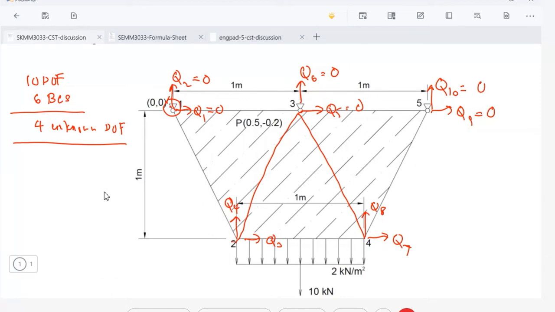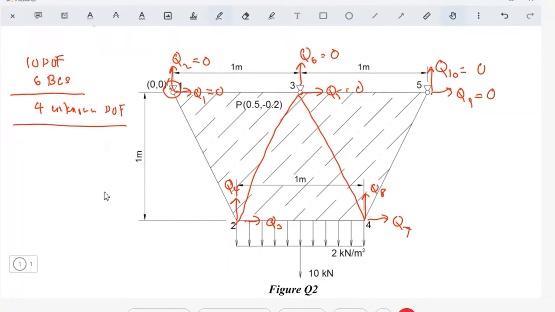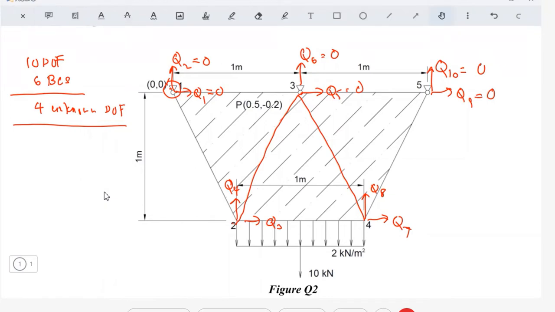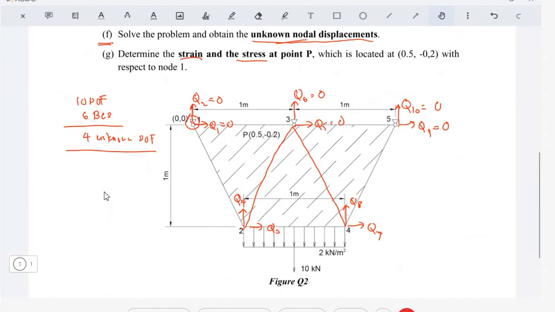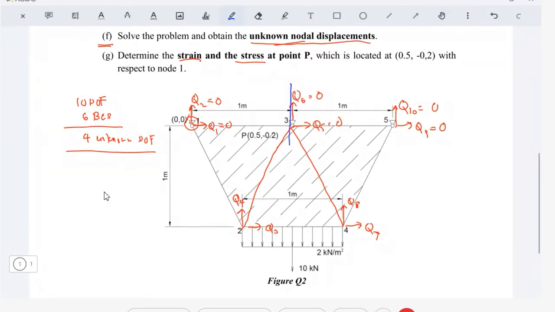Alright, so in this case, we know there's an axis of symmetry here. So the axis is a vertical axis. Let's see if my symmetrical axis can be done this way. Let me make this smaller. Can I use it this way? Is this my symmetrical axis for the plate?